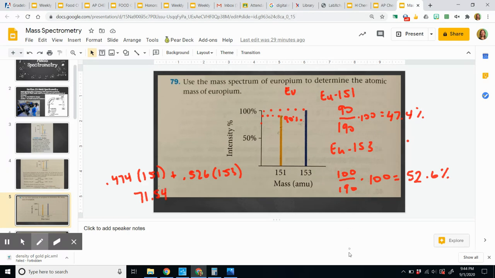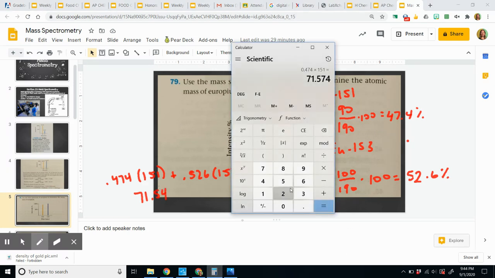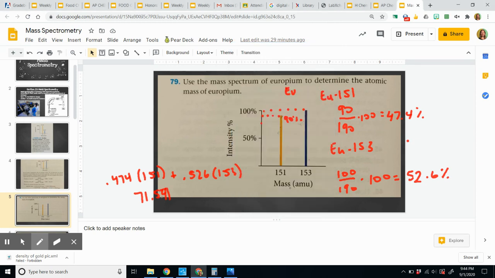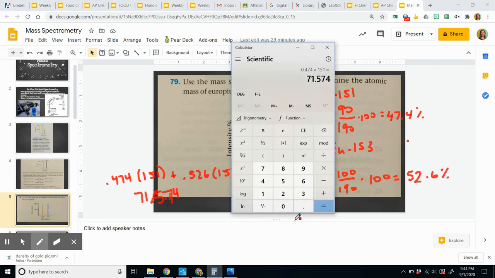71.574. That's the ugliest 7 ever. It's still going to be fairly ugly. You guys can do it nicer than that. Okay, 71.574. And then we have 0.526 times 153, 80.478.